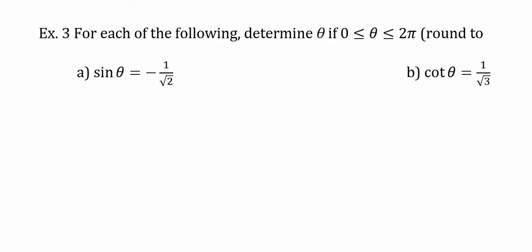All right, this is the other kind of question where you're given the answer, you have to find the angle. Sine theta is negative 1 over root 2. We've already done these in the grade 11 way in degrees, so now we're looking at them in radians. And remember, your answer has to be in radians. If this were grade 11, how would you start?